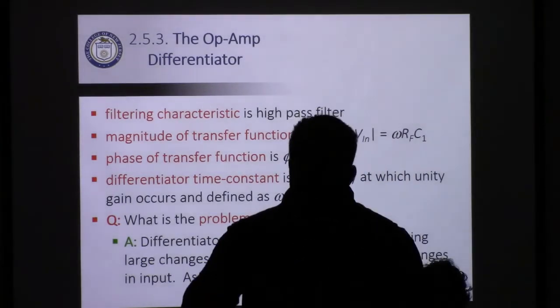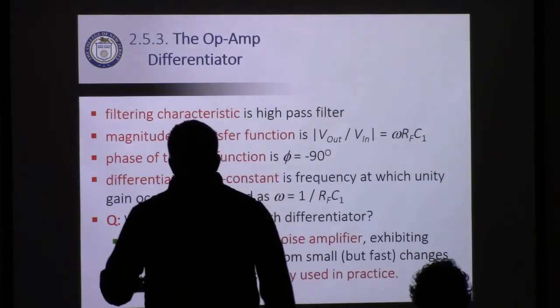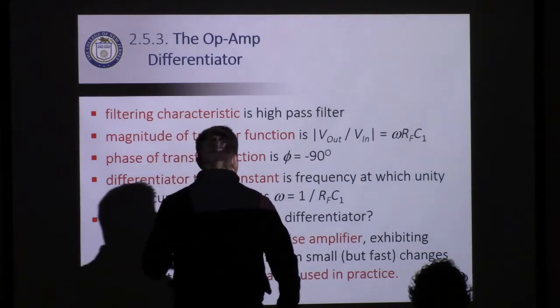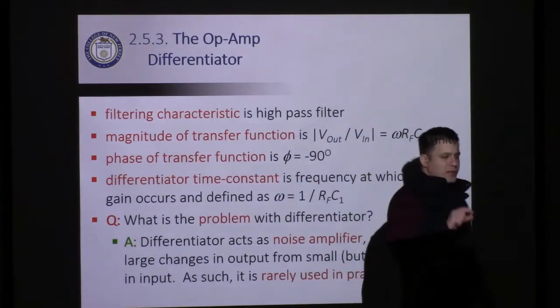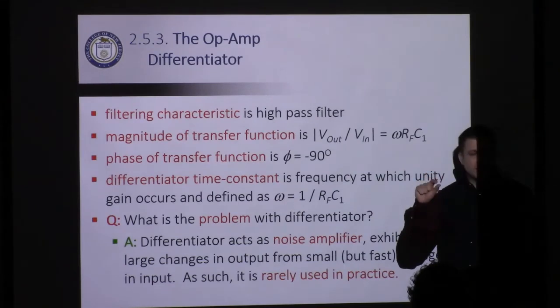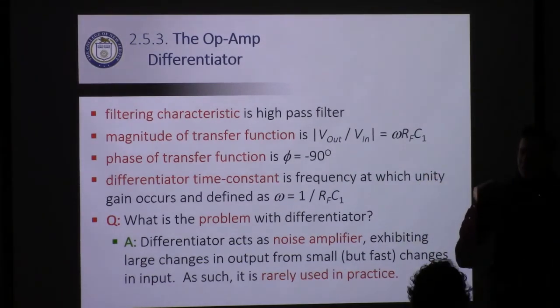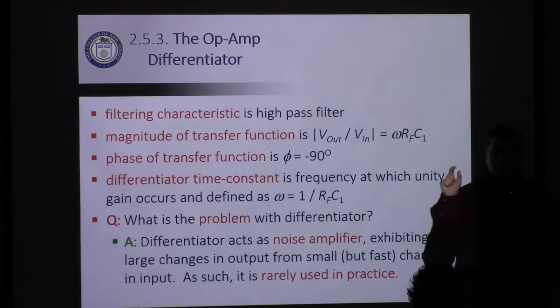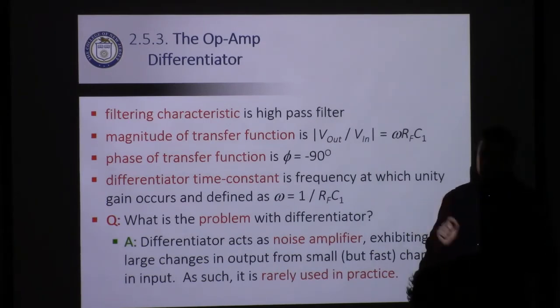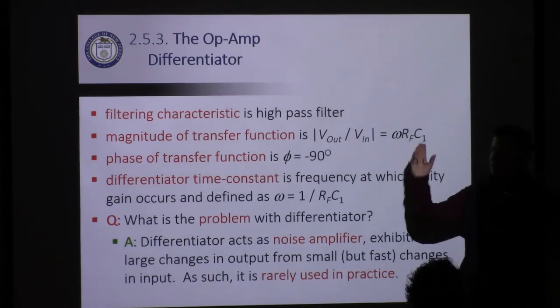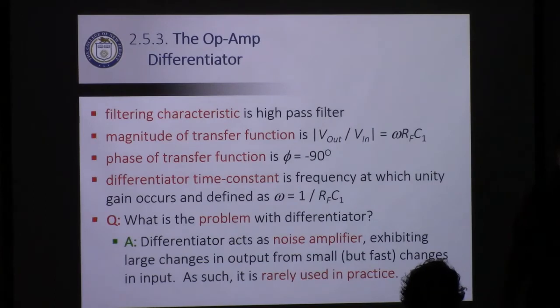So the derivative of noise can often be very high even if the noise itself is very small, because the derivative is just the slope. So even if we have noise with an amplitude of 10 microvolts, right? If that goes from negative 10 to positive 10 microvolts in a very short time period, a nanosecond, the slope of that is going to blow up, is going to be huge.